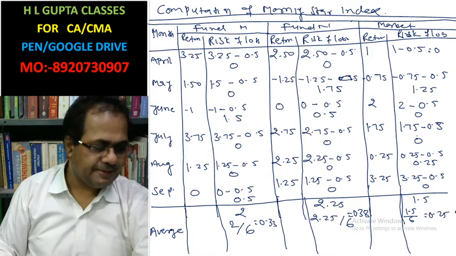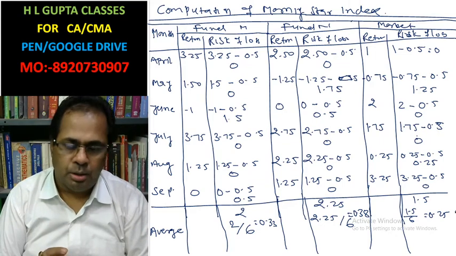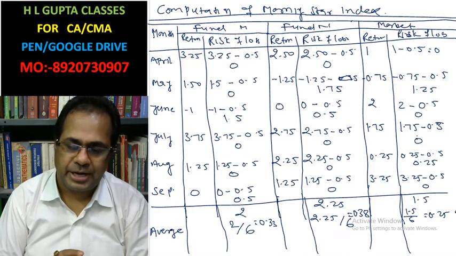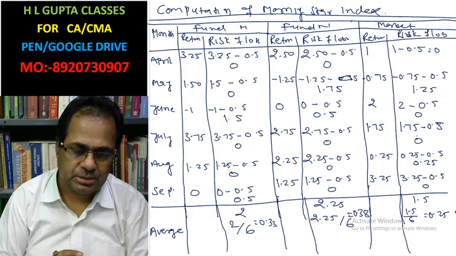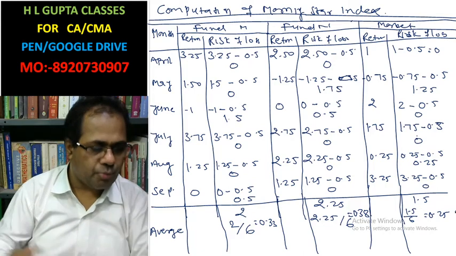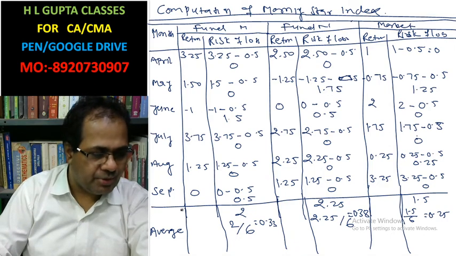In this case, we can calculate the rank on the basis of this. This is the average return for fund, this is 8.75.